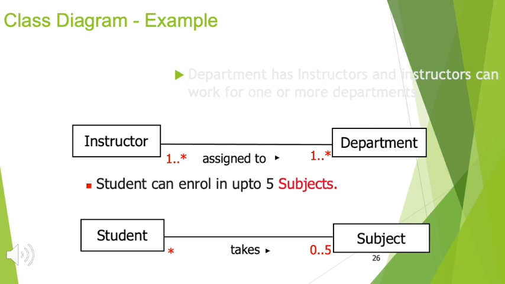And students take subjects, which means a student can take up to 5 subjects. So the multiplicity for subject here is 0 to 5. It cannot be more than 5, so you have to write 0 to 5 multiplicity for this particular class.